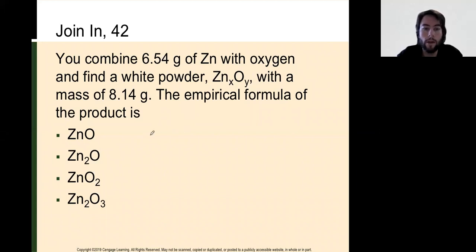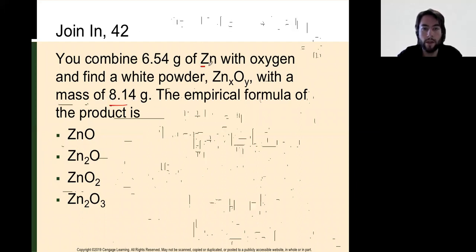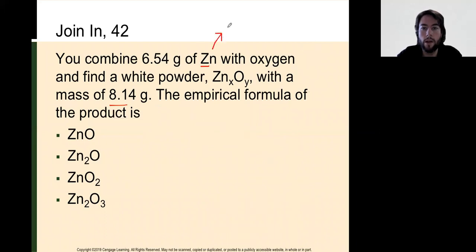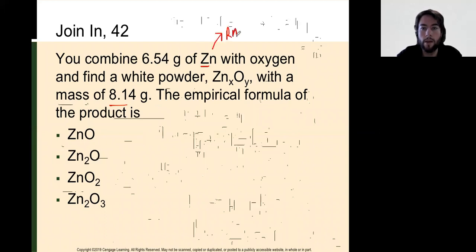All right, so the answer is going to be determined by first finding the composition of this final mass, which is zinc. Zinc has a mass of 65.4. Oxygen is 16, as we know from before.